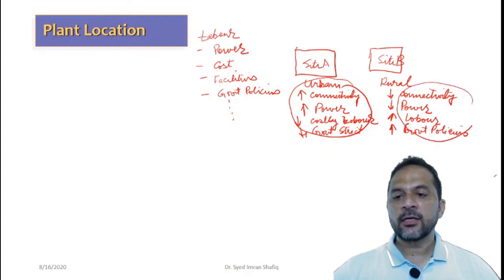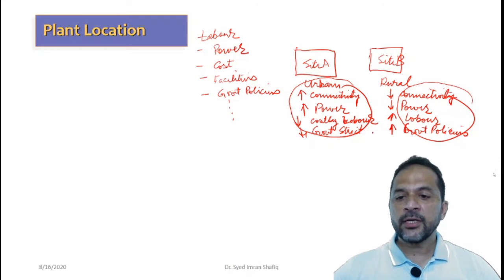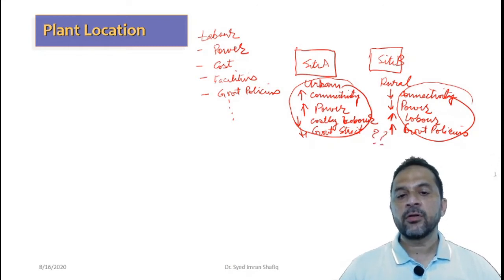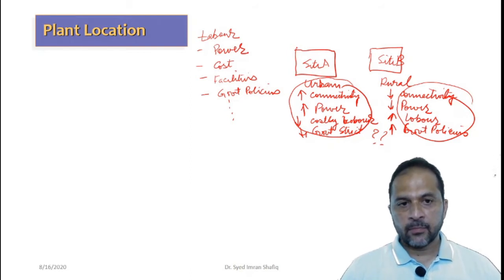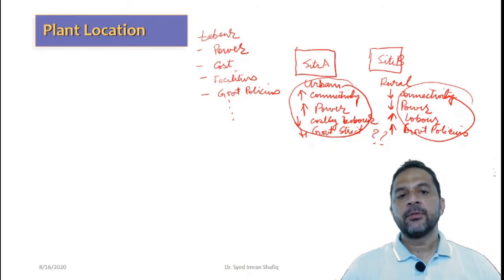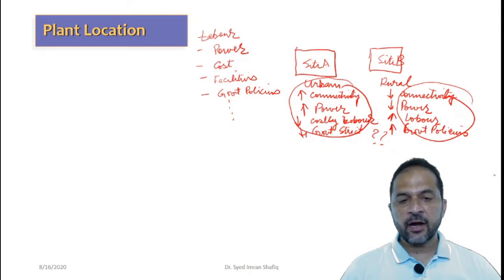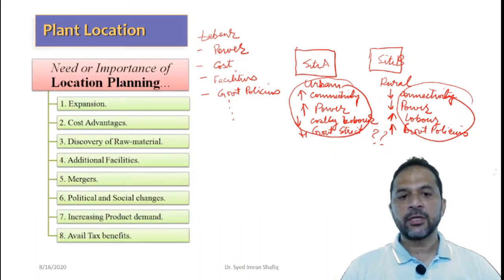So this is another scenario. Now it is to be decided which site is better for the setting up of an industry. This we have to decide after proper discussion and consideration.